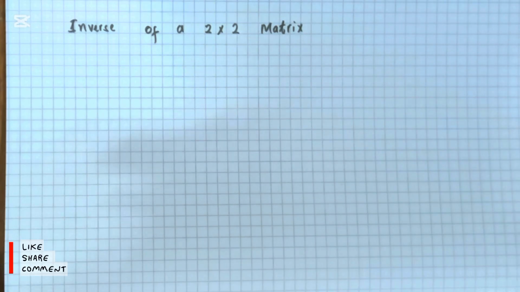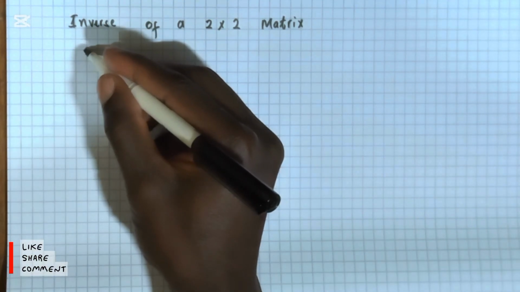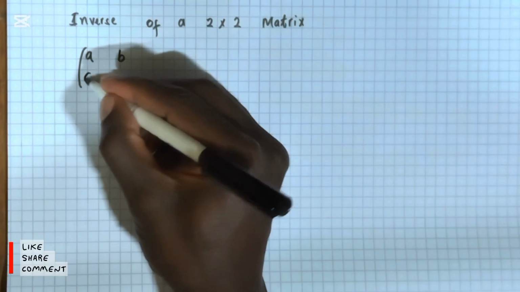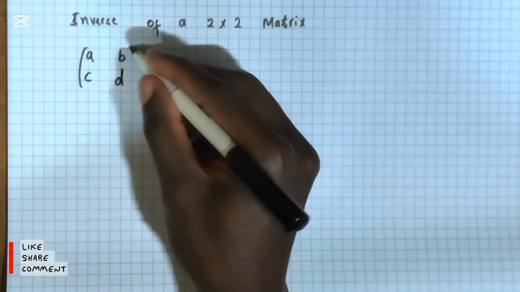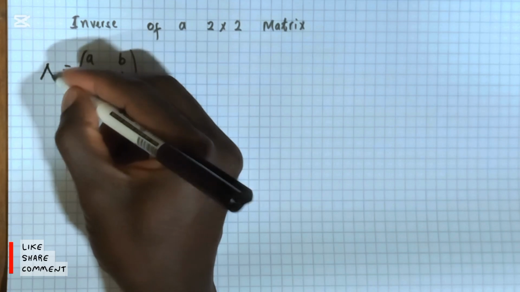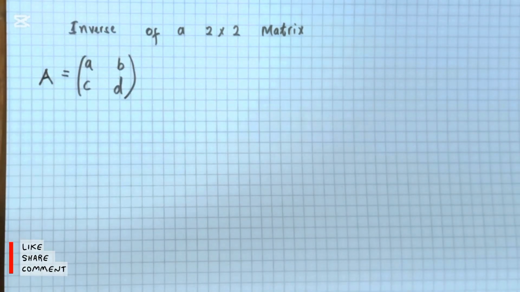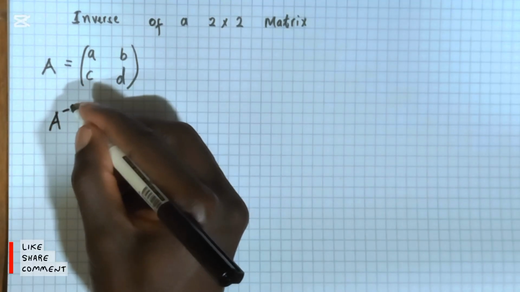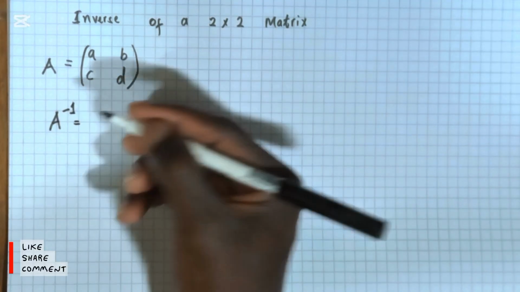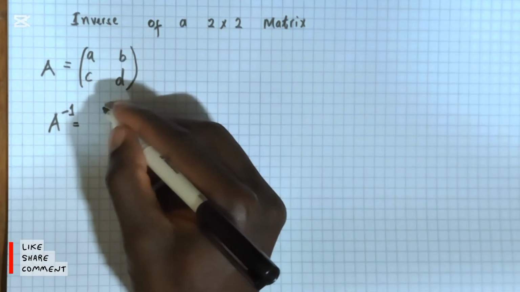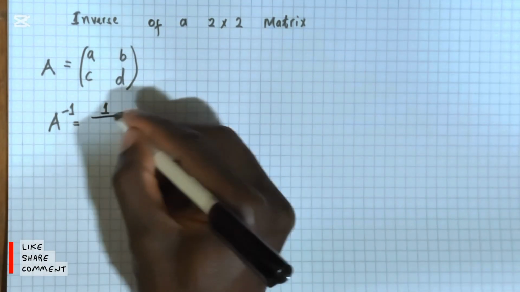All right. So assuming you are given a matrix with the elements A, B, C, and D, and this matrix is labeled A. Its inverse, which is A raised to negative 1, will be given by the reciprocal of the determinant.